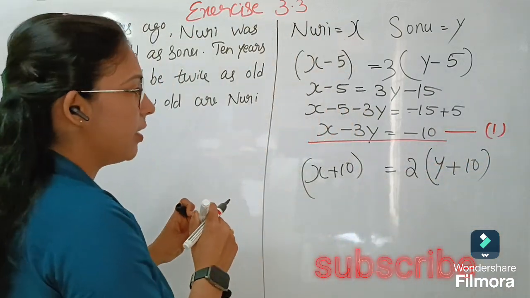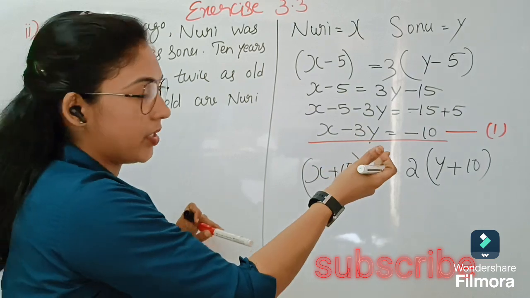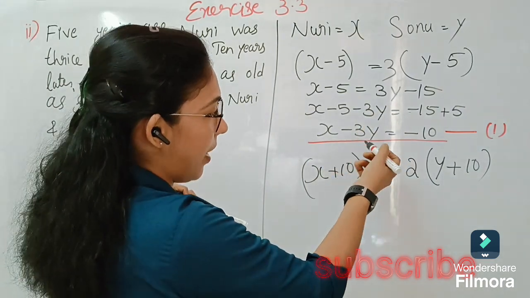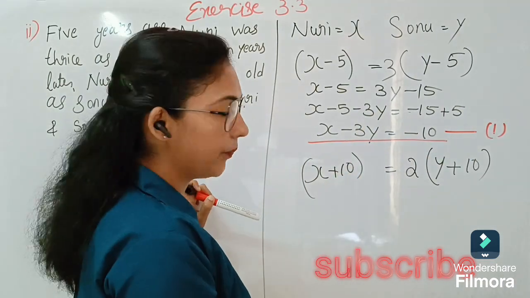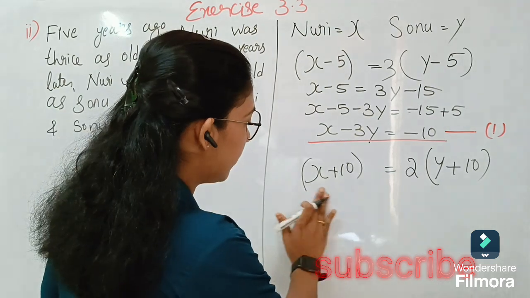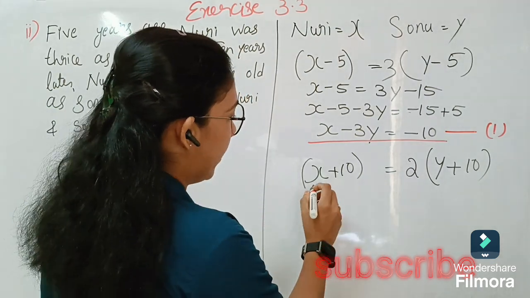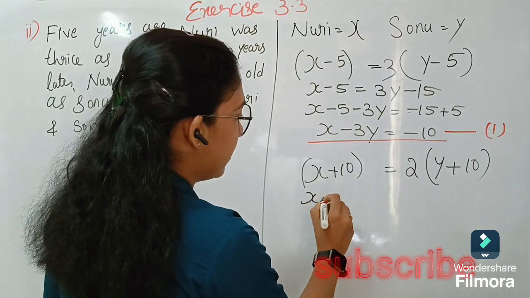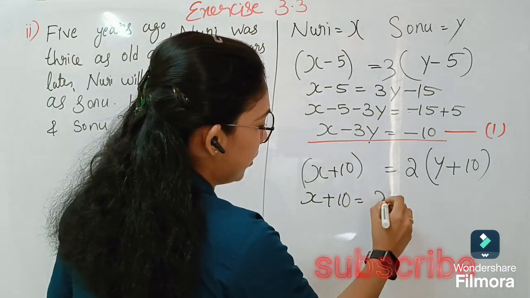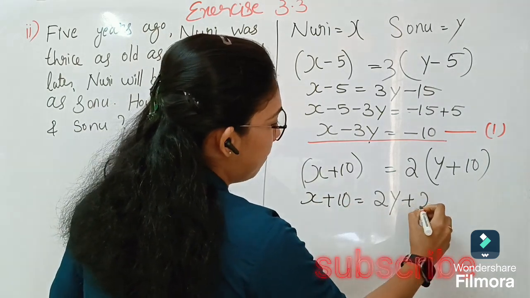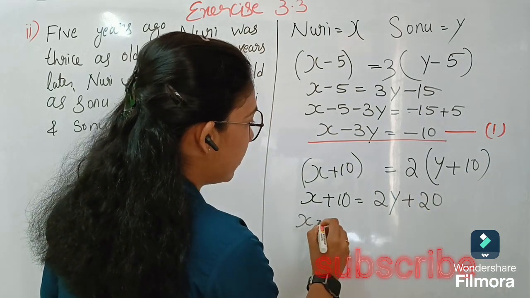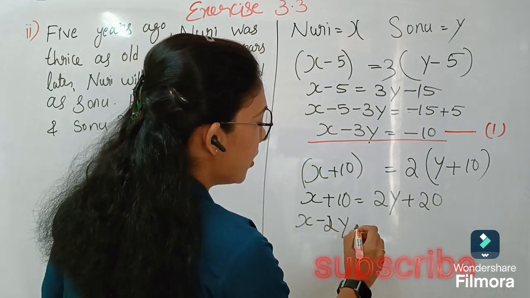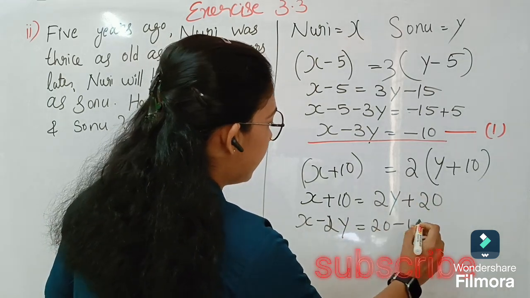From the first statement, we derived a mathematical equation, that is X minus 3Y is equal to minus 10. Then from the second statement, X plus 10 is equal to 2 times Y plus 10. That is X plus 10 is equal to 2Y plus 20. That is X minus 2Y is equal to 20 minus 10.